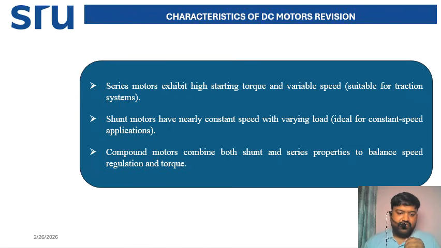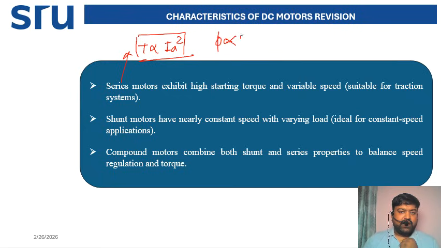The torque is directly proportional to Ia square, because here the flux is directly proportional to the current in series. That's why we are getting the high starting torque for this series motor.